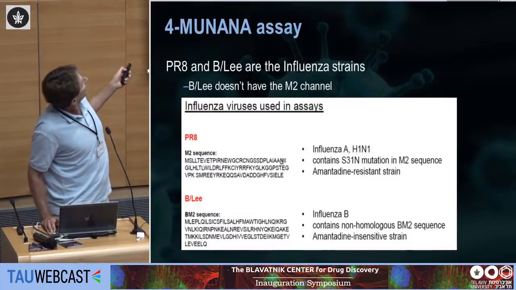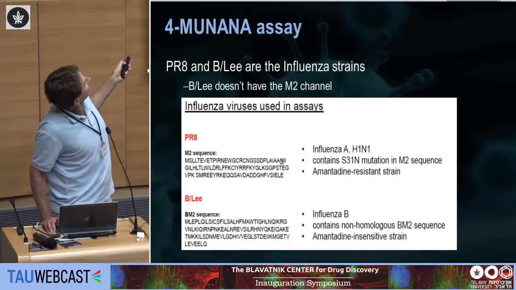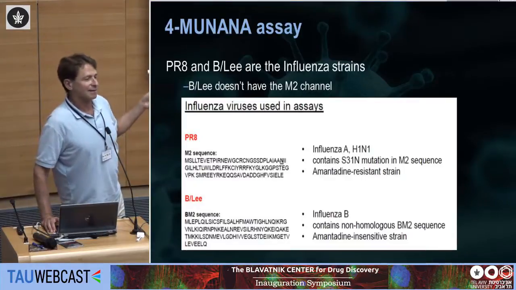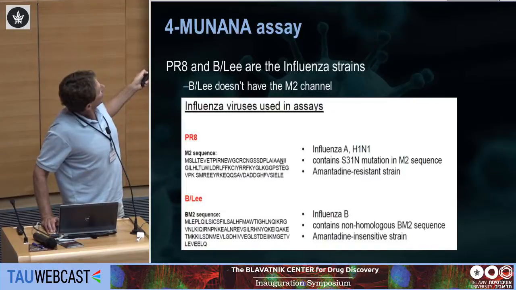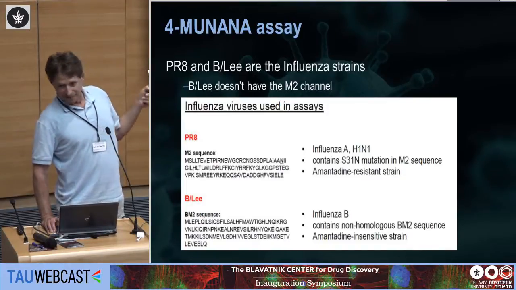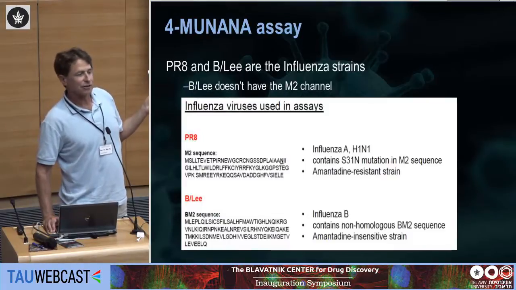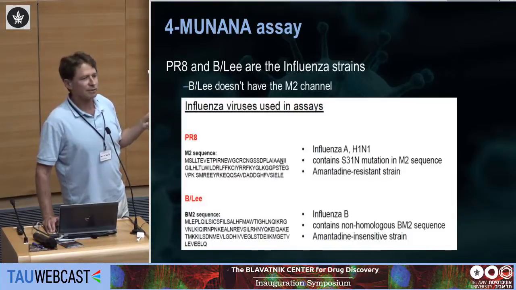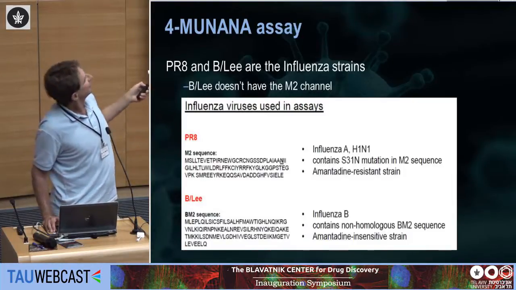So they used two influenza strains. One is called PR8, and that's the representative of the pathological influenza. There is also a BLE, which does not have the same Amantadine-sensitive M2 channel, so that should be insensitive to all the drugs.